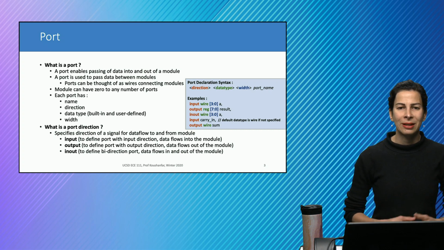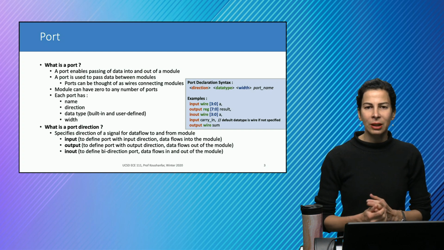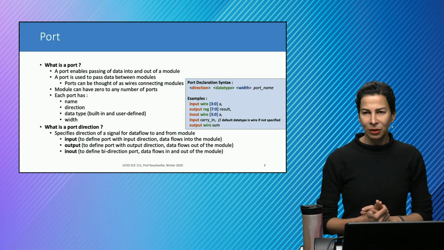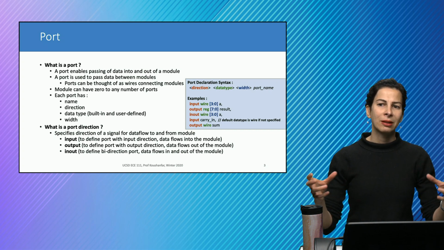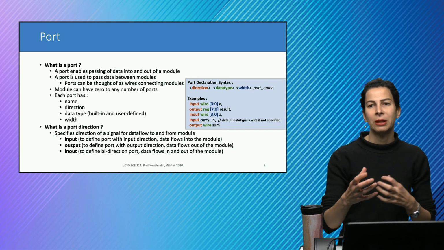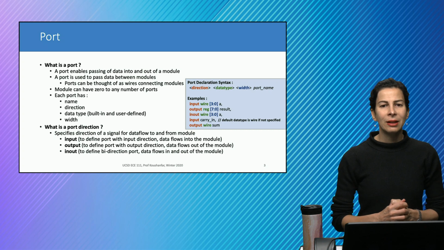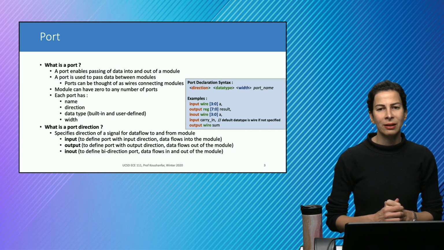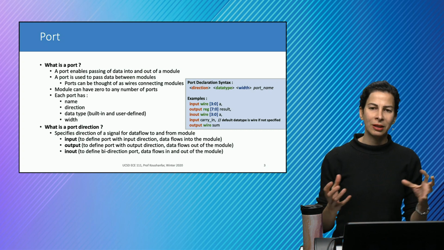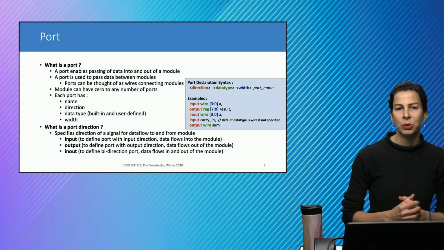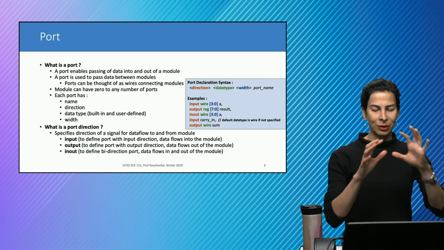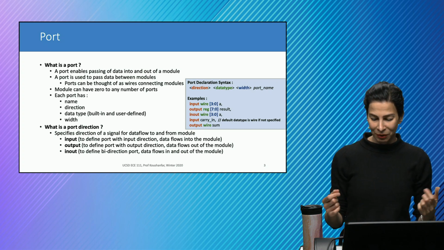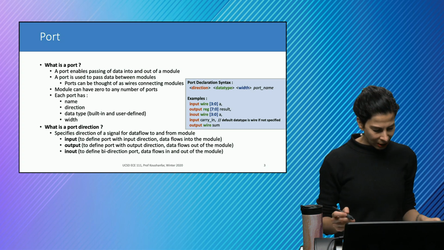The port has a name, a direction, the data type, which we discussed earlier, and the width, like how many bits it's going to take for that module's interface. The direction specifies a signal or data flow that comes in or out of the module. So we have input, similar to the block diagram which we drew earlier.